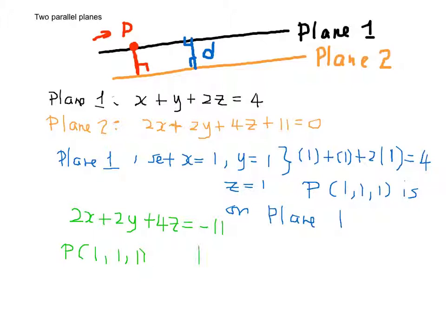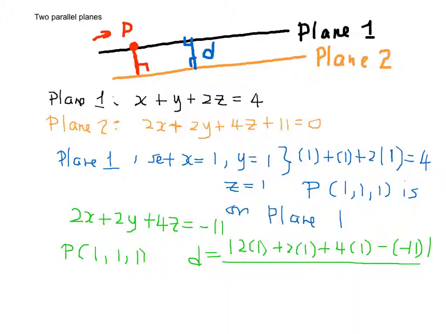So the shortest distance would be the absolute value of 2 times 1 plus 2 times 1 plus 4 times 1 minus negative 11, and the whole thing divided by the square root of 2 squared plus 2 squared plus 4 squared. If we simplify this, in the end we'll get 19 over the square root of 24.